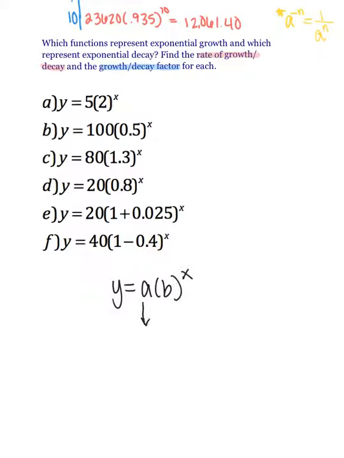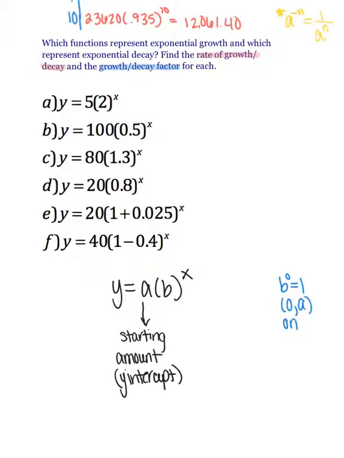The a value is always the starting or the initial amount, and it is the y-intercept if I'm looking at the graph, because if I were to plug in 0 for x, I would have b raised to the 0, and just remember b raised to the 0, or anything raised to the 0, is 1. So you will always have the point (0, a) on your graph of your base function, making it a y-intercept.